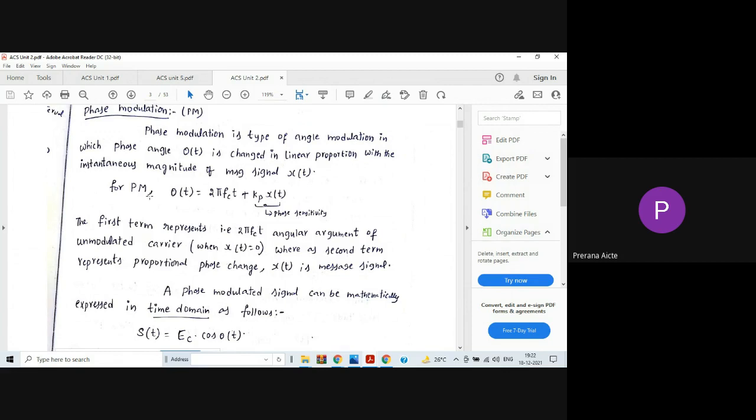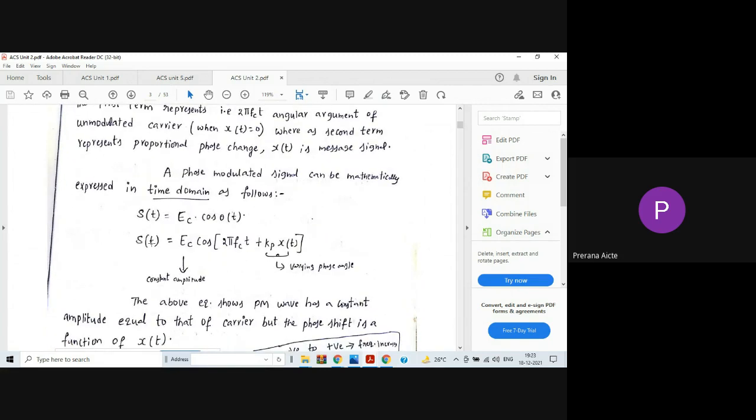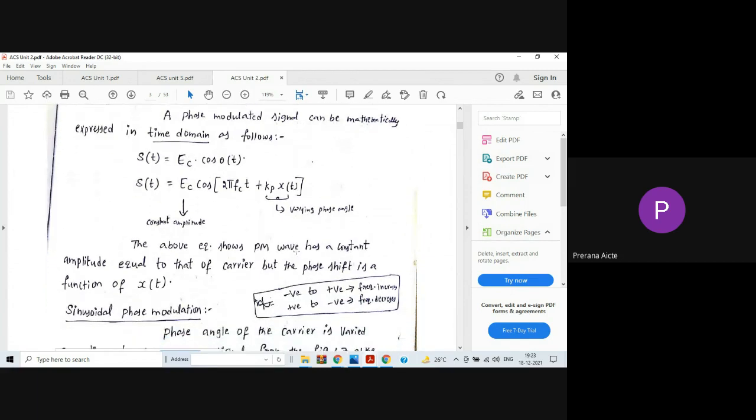Where theta of t equal to 2 pi fct plus kp into x of t, where 2 pi fct is the angular argument and x of t is the message signal. Then how do you represent it mathematically? S of t equal to EC into cos theta of t. In place of theta of t, we put 2 pi fct plus kp into x of t.